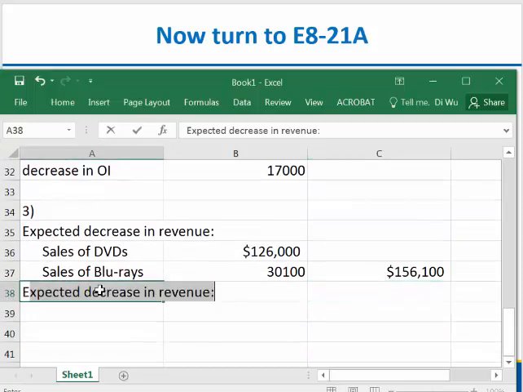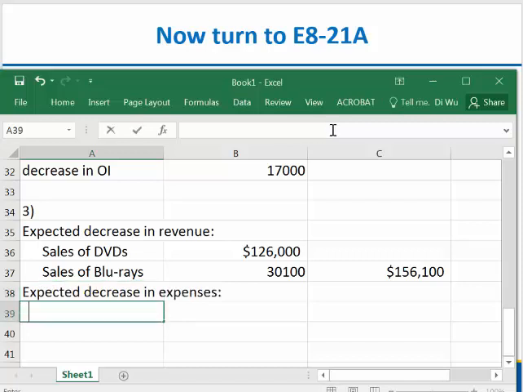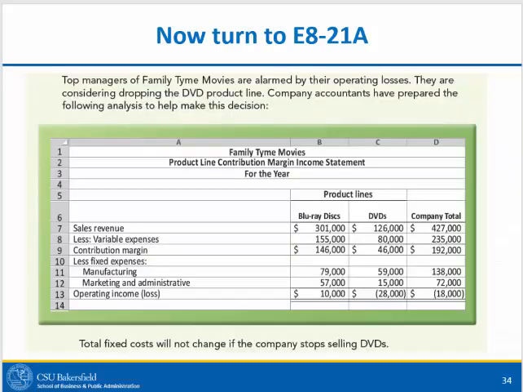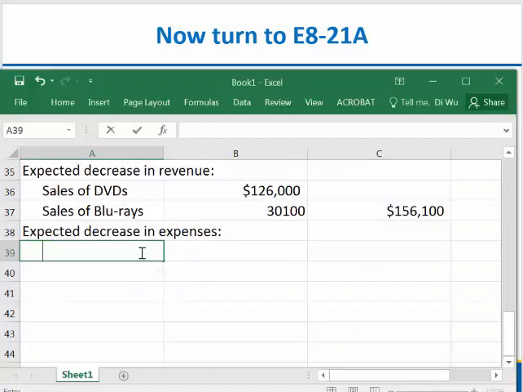Next, you're going to look at the expected decrease in expenses. It's similar to what you have done in the incremental analysis. First we have the variable expenses associated with DVDs.